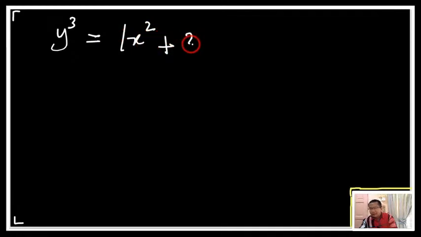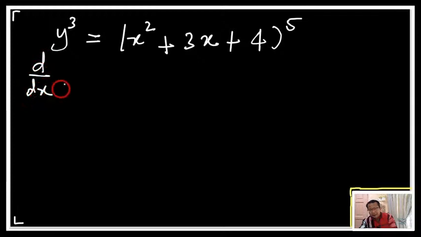Okay, let's look at the real example. y cubed is equal to (x squared + 3x + 4) to the power 5. We want to find the dy/dx of this one.